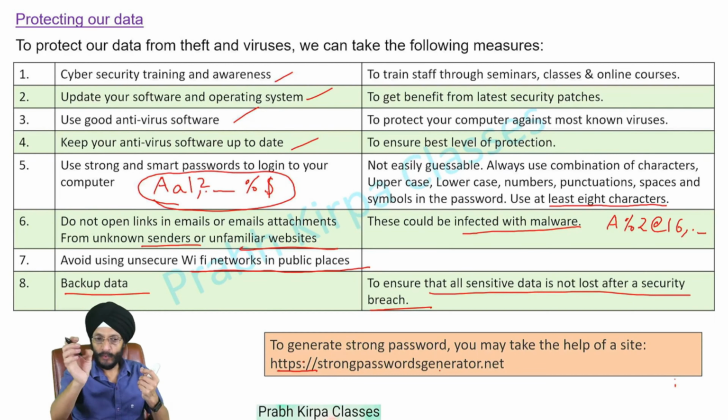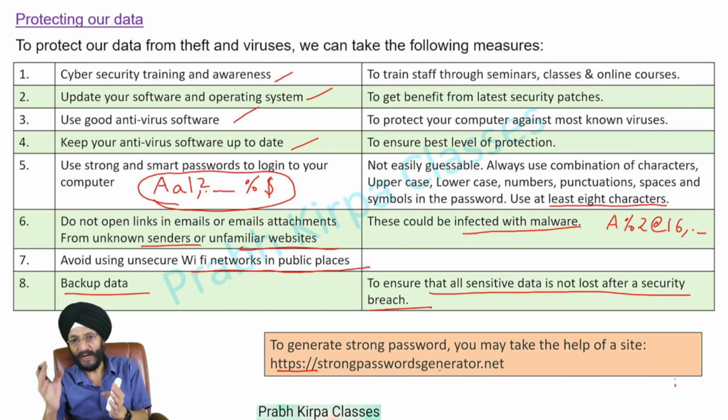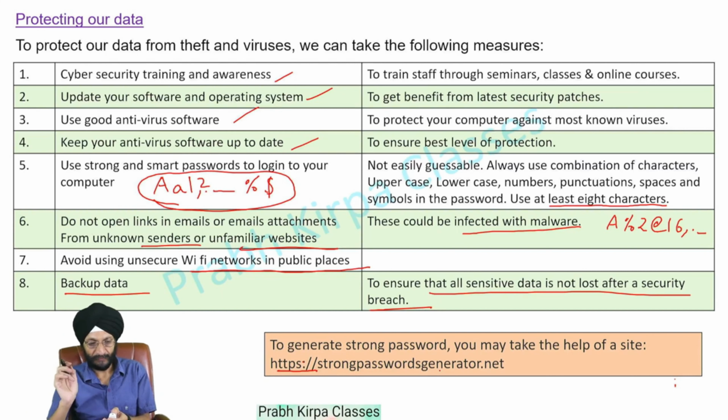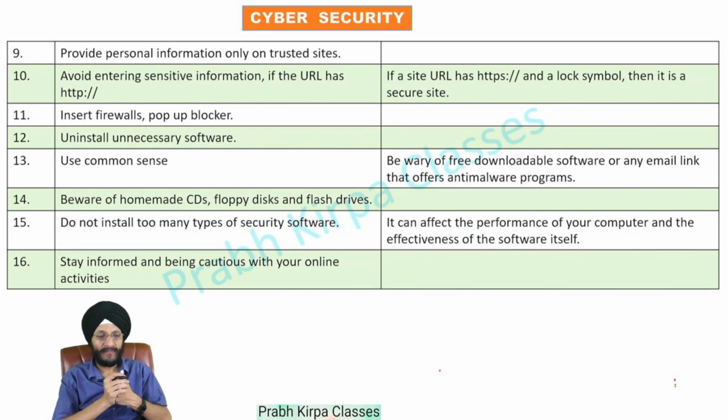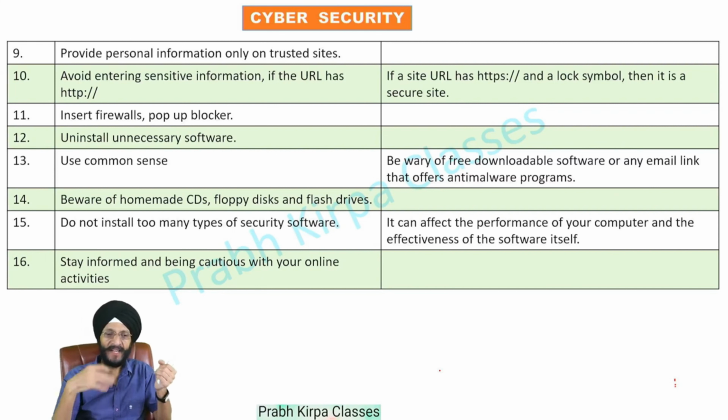You choose those options and it will automatically generate a very strong password for you. Then we should provide personal information only on trusted sites. That is, it is not that we can open any site and give our information on that site.